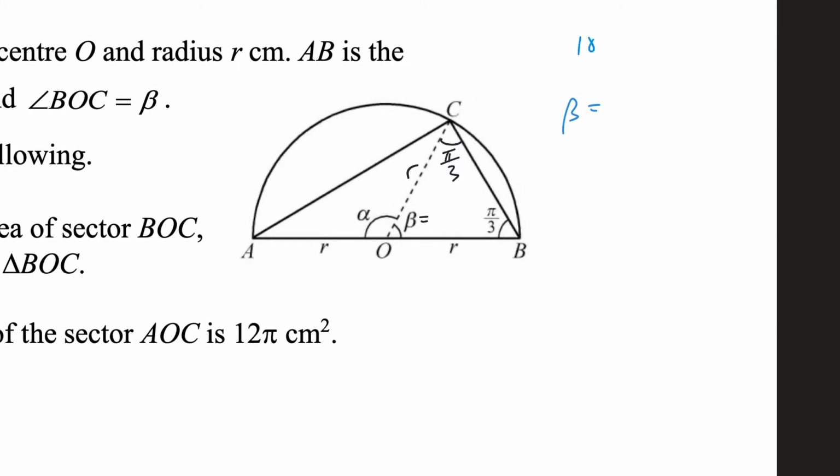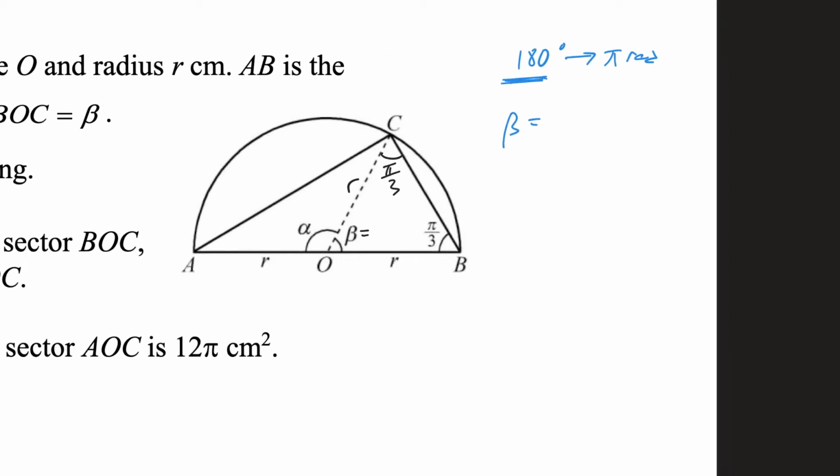Once again, 180 degrees is pi radians, and we know that all the angles in a triangle add up to 180 degrees. So since that is pi radians, beta must be pi radians, subtract away this angle, subtract away this angle, and it also gives me pi over 3.